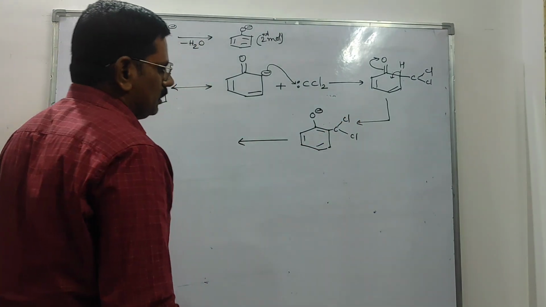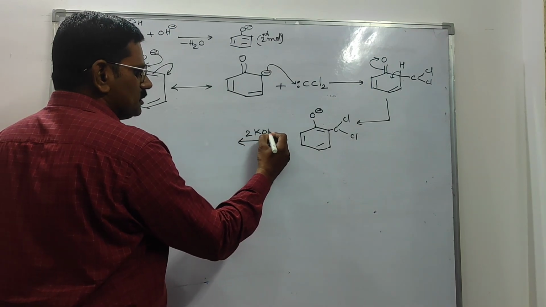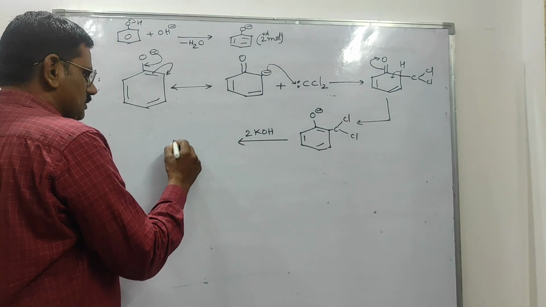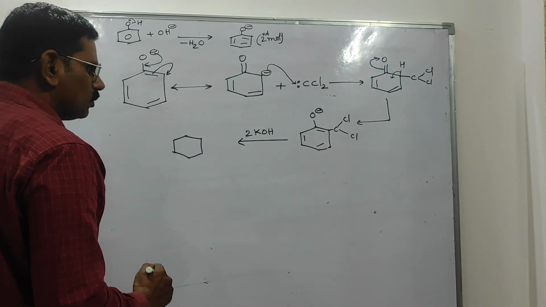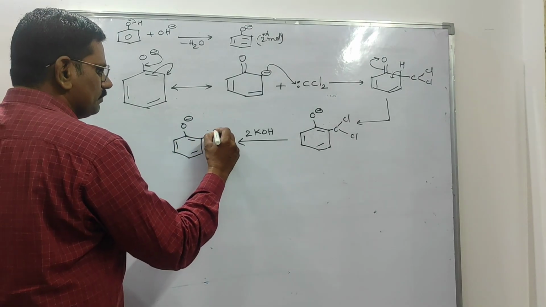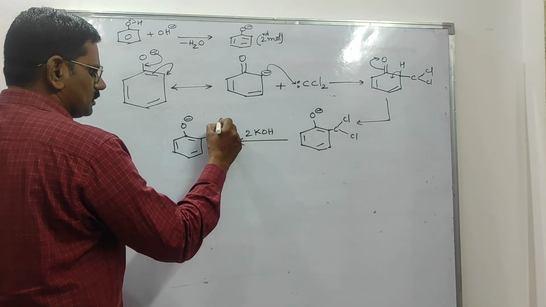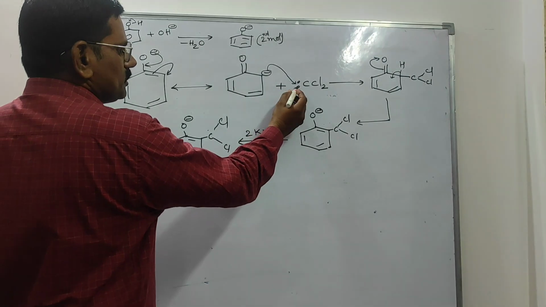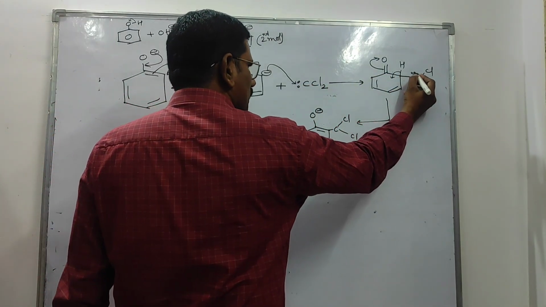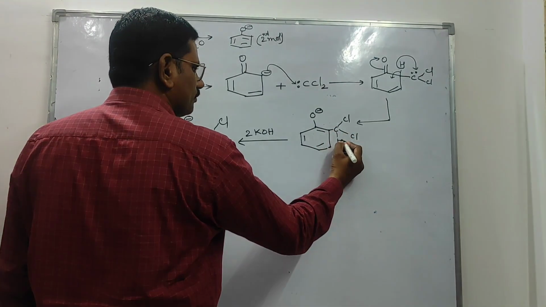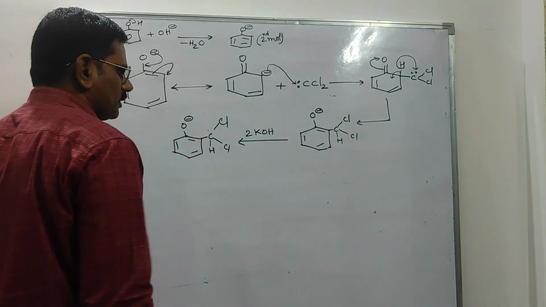In this, whenever we are using 2 moles of KOH, KCl is removed and OHs. So here 2 moles of KOH are used in order to convert 2 chlorine atoms. Phenoxide ion, here CCl. And here another point I need to mention, this lone pair of electrons still remains on carbon. This hydrogen comes and attacks it, that lone pair forms CH.